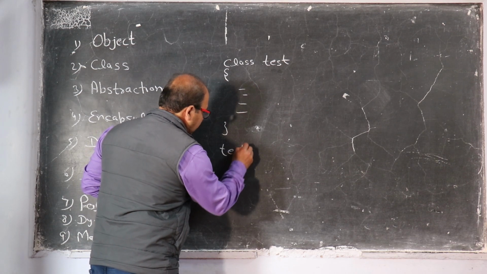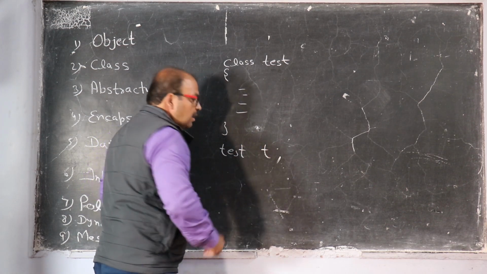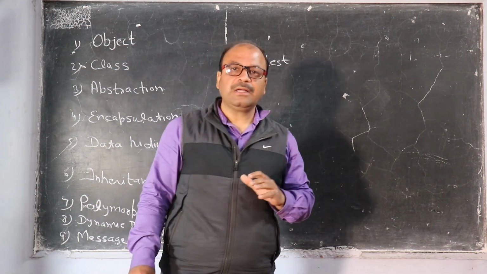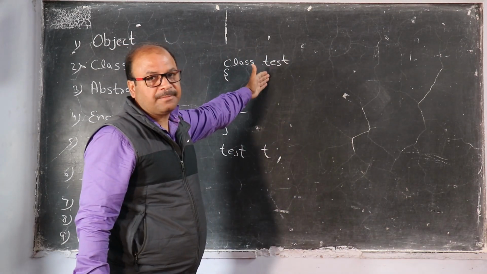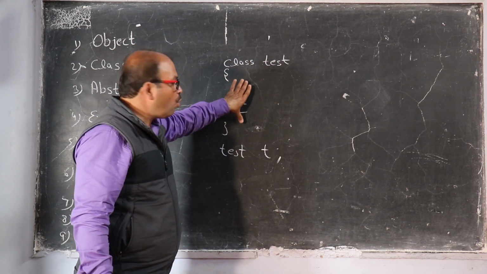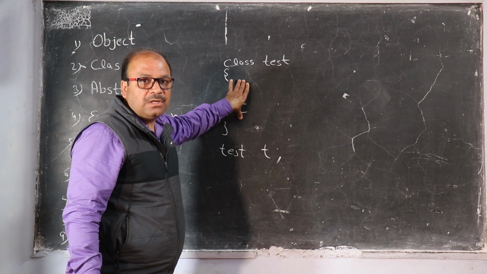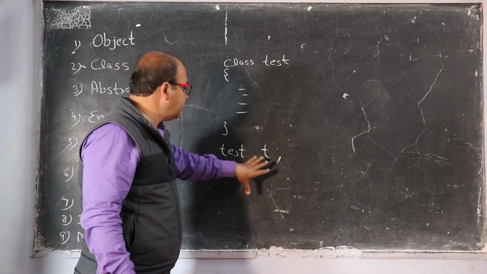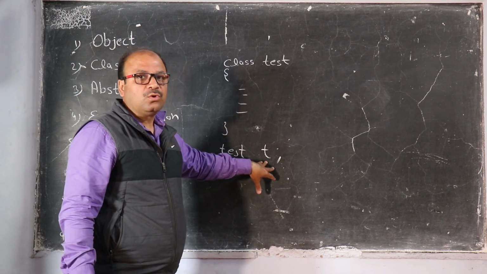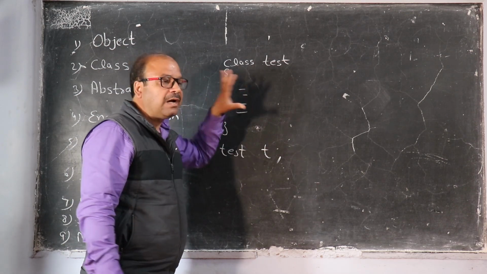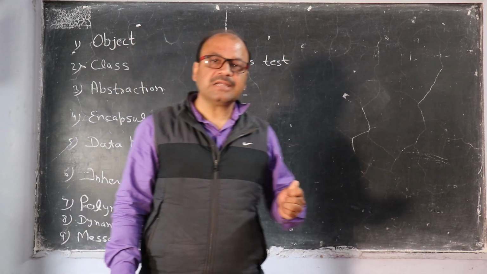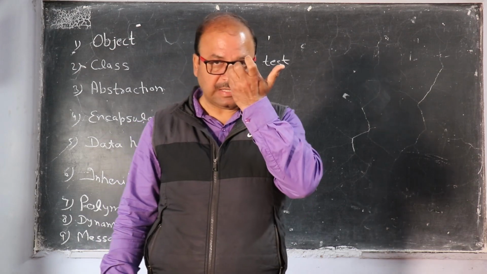Now, test T: T is the object of the class test. So the code written inside the class is accessible through the object of the class. We can access all the data members and member functions of a class using the object of that class.